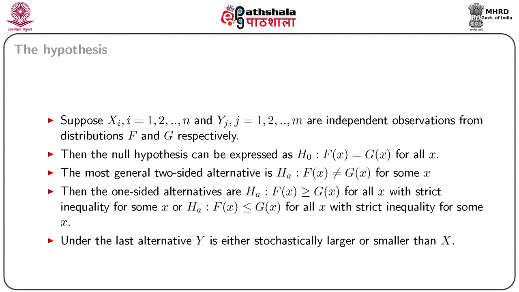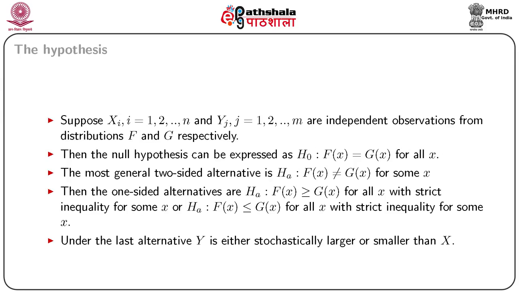And the one-sided alternatives are either F(x) greater than or equal to G(x) for all x with strict inequality for some x, or F(x) less than or equal to G(x) for all x with strict inequality for some x. But what does this mean? If F(x) is greater than or equal to G(x) for all x, then the probability that X1 is greater than or equal to x is less than or equal to the probability that Y1 is greater than or equal to x, and this holds for every x.